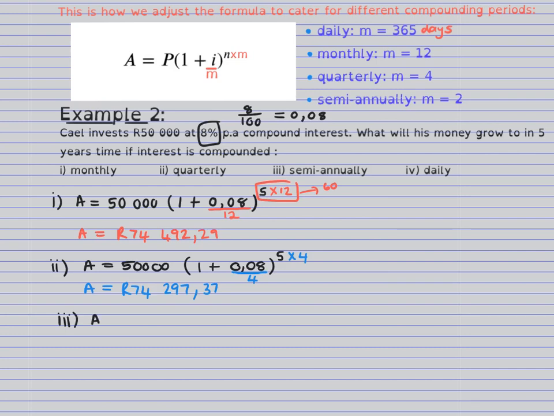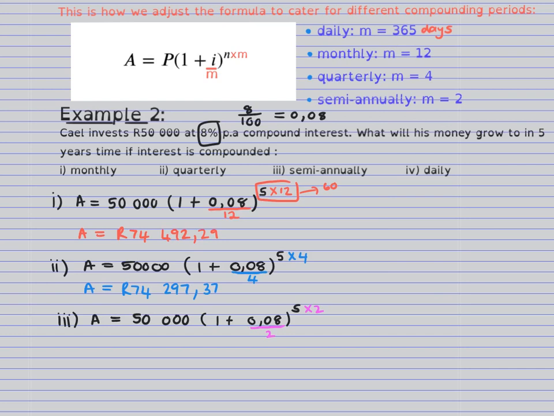Number 3, we earn interest semi-annually or biannually. So it's 0,08 over 5 years, but remember, it's not once a year, it's twice a year. So you would earn interest 10 times over the 5-year period.